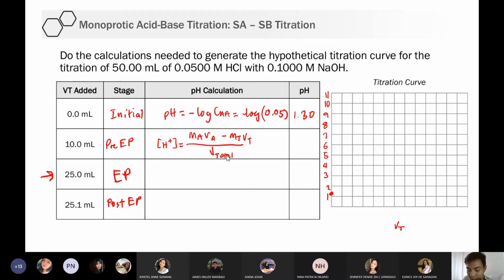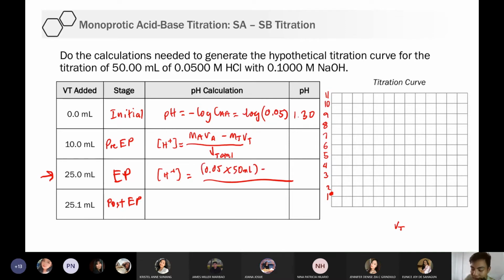What's the molarity of analyte? Ito, 0.05, times the volume of analyte. 50 ml pa rin. Hindi yan magbabago. 50 ml talaga yan. Sabi dito eh. Ano yung nagbabago? Yung volume ng titrant. Okay? So, hindi yung volume ng analyte.